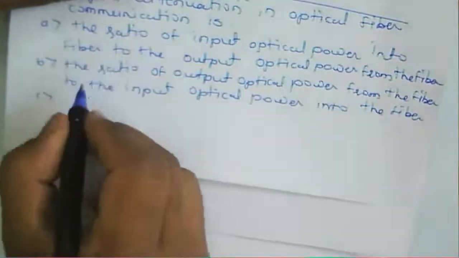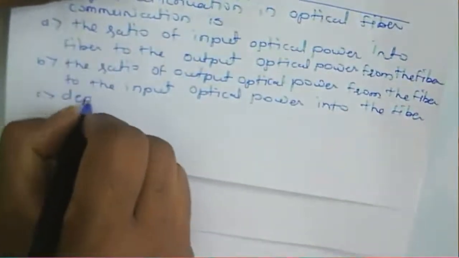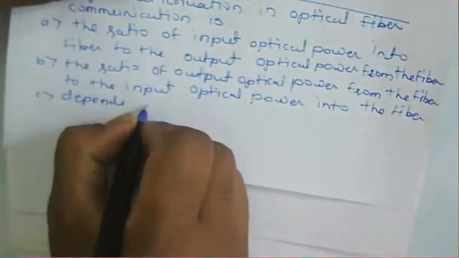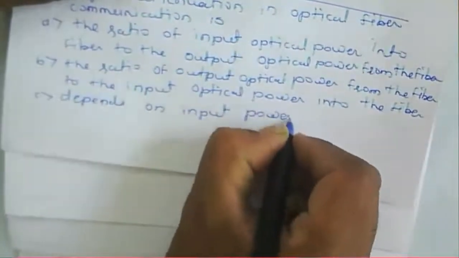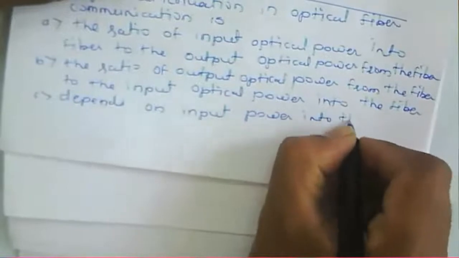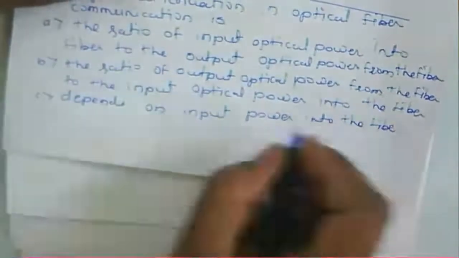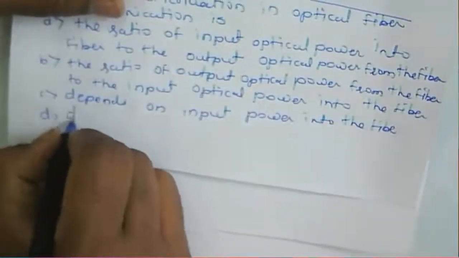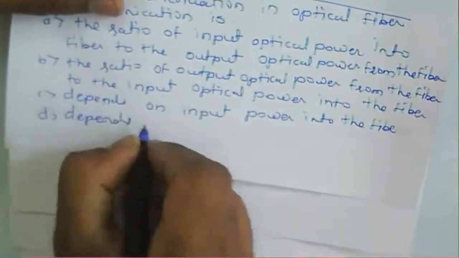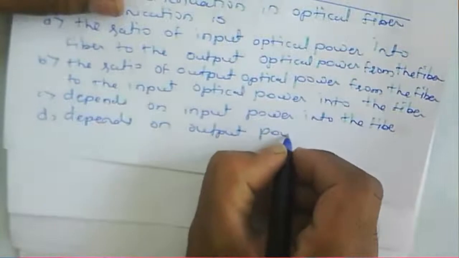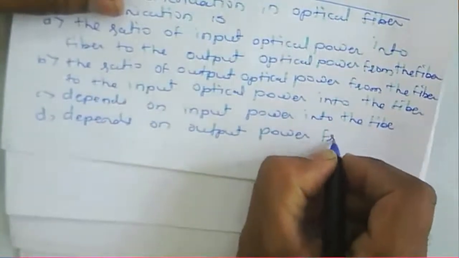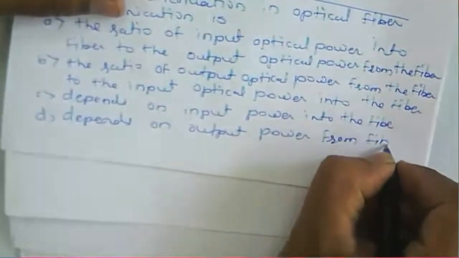C, depends on input power to the fiber. D, depends on output power from fiber.